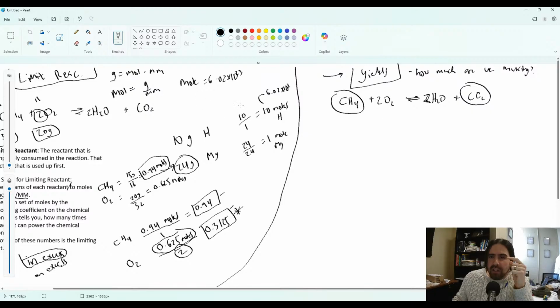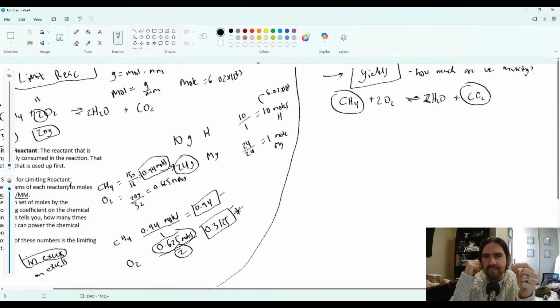Now, this gets into the concept of stoichiometry, which is essentially the process of converting from one type of molecule into another type of molecule using a balanced chemical equation. The coefficients on a balanced chemical equation are what's called stoichiometrically linked.